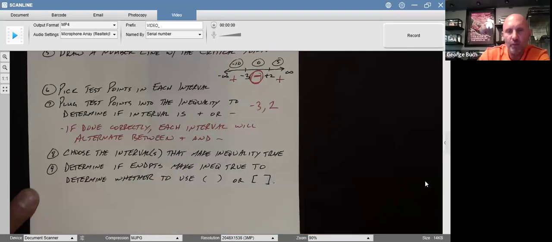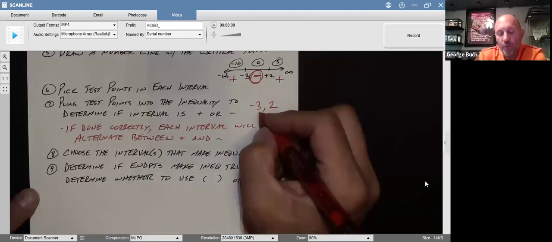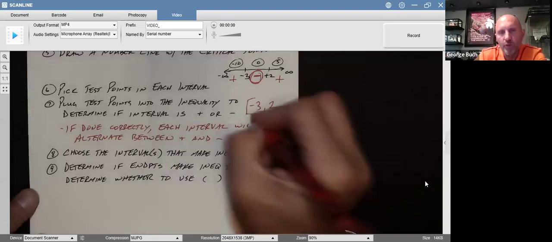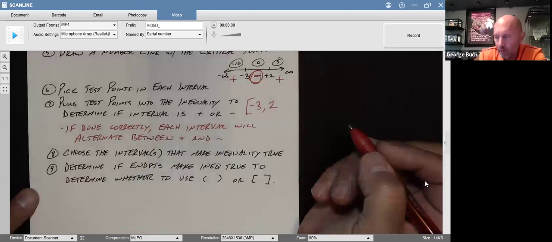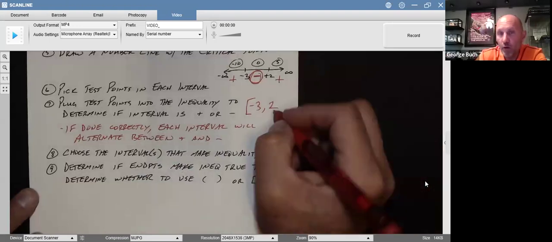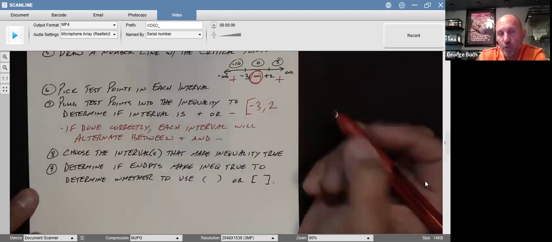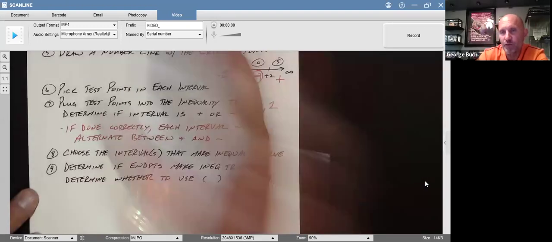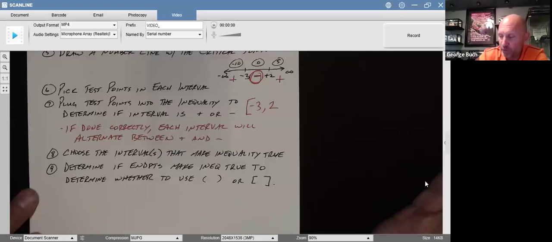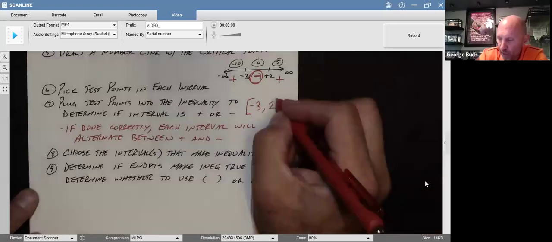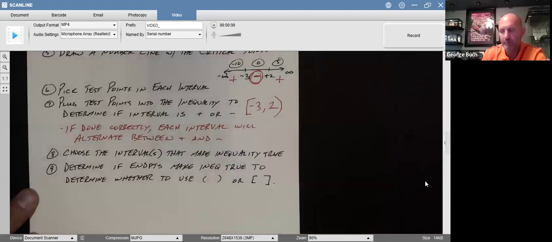So let's say that I went through this, I plugged -3 back in, and oh, that makes the inequality true. Therefore, -3 gets included, so I put a bracket. But then I put in 2, and oh, that doesn't make it true. Or maybe if I have a quotient, it makes the denominator 0, and I can't have a denominator 0. So therefore, 2 is not allowed, so I put a parenthesis around the 2.